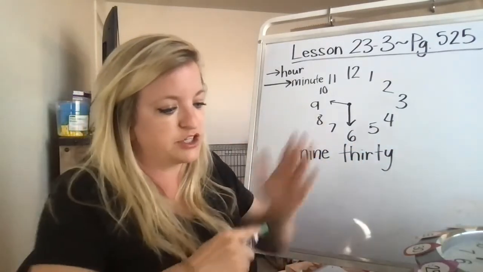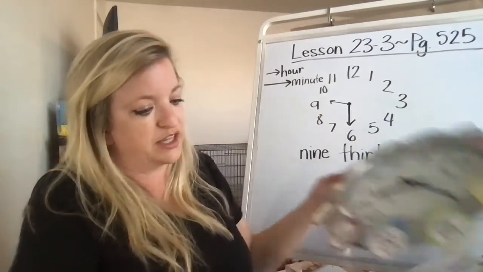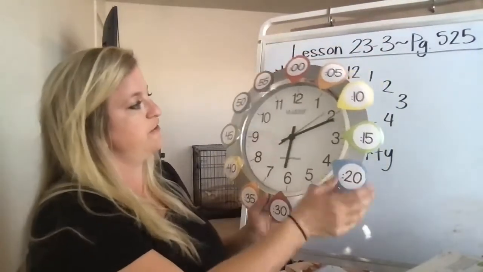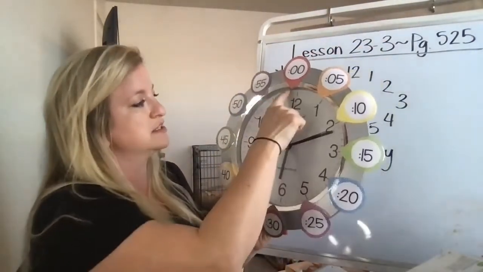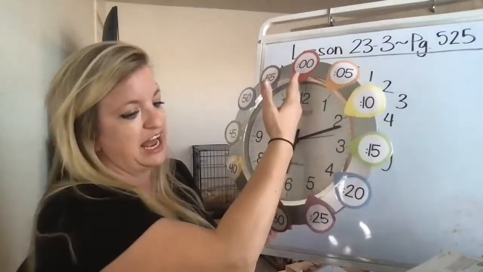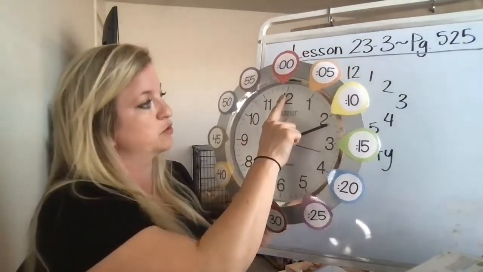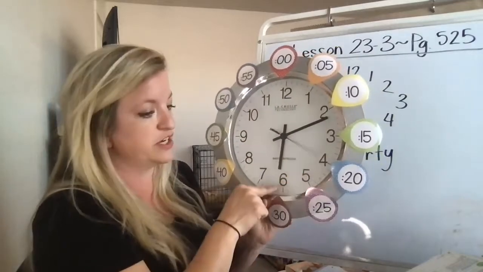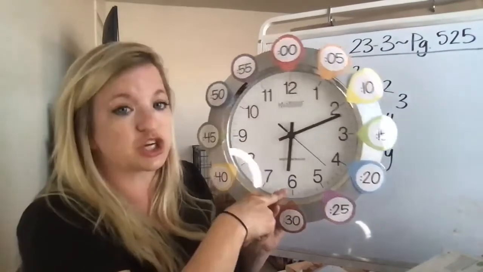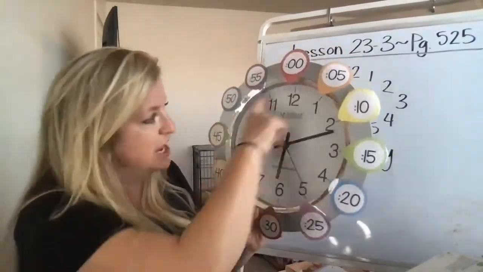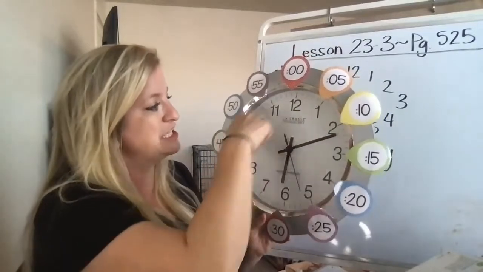On the next page, it shows you that. It says, okay, so if an hour is 60 minutes and they've cut it in half, and the minute hand has gone from 9 o'clock all the way to 9:30, that is 30 minutes or half an hour, because an hour is 60 minutes.